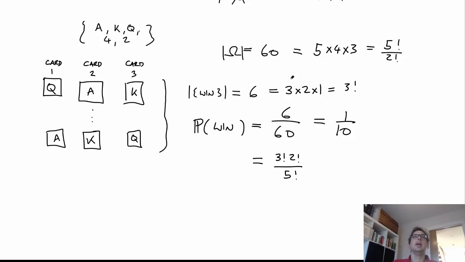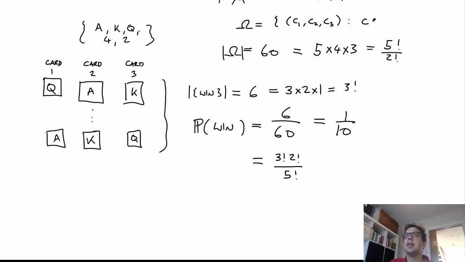Remember that we said you could have more than one way of representing your sample space. This is a way that we represent our sample space by triplets of cards. In this case, omega is sets of cards, where this is the first card, this is the second card, and this is the third card.